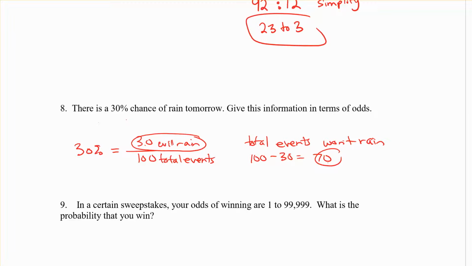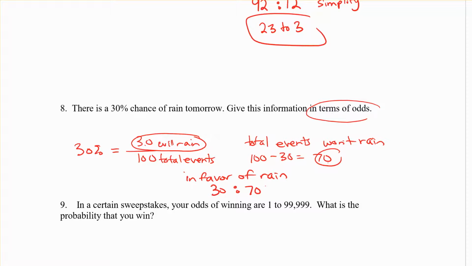It says there's a 30% chance of rain. Express this in terms of odds. So it implies that we want to calculate the odds in favor of raining. So the odds in favor of rain would put the 30 first and then the 70 later.